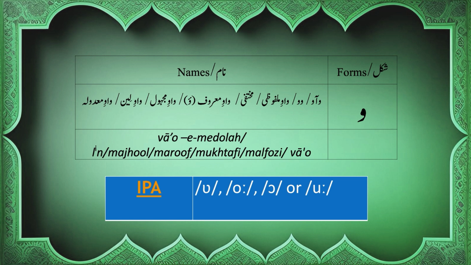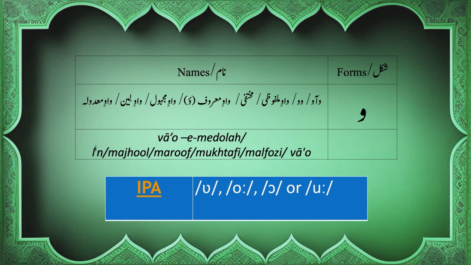And in the second column, you are seeing the names of vav. But you are seeing many names of vav. When you are seeing the form of vav, it is single or sole. When you are seeing the names of vav, they are many. They are like so: vav, vav.